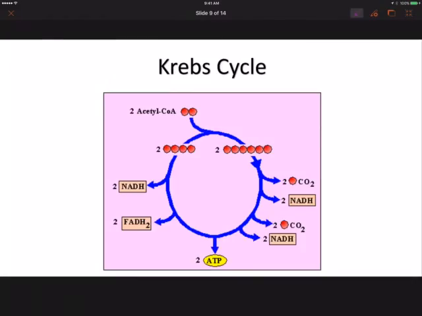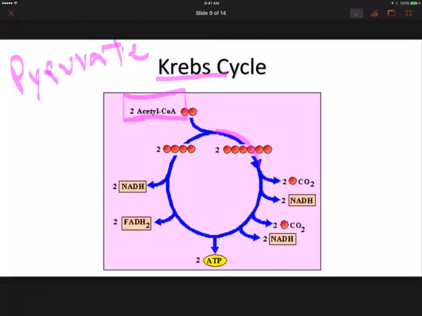Now the second part is the Krebs cycle. What happens in the Krebs cycle is the 2 pyruvate molecules enter the mitochondria in the form of another type of molecule called 2-acetyl coenzyme A. It undergoes this series of chemical reactions in this cycle, and it produces a couple of energy molecules.